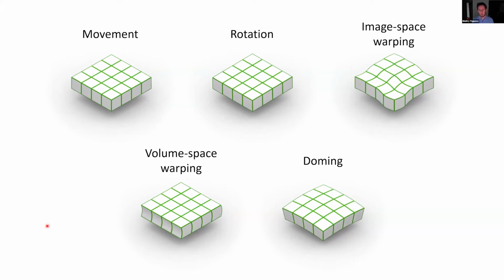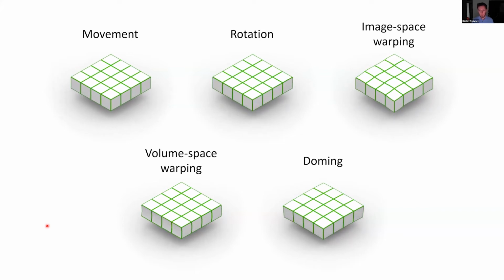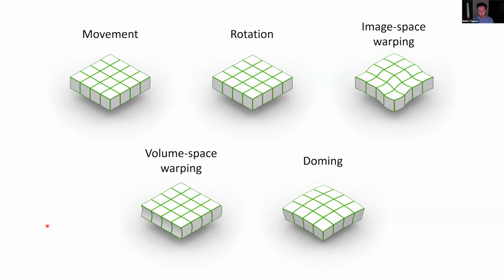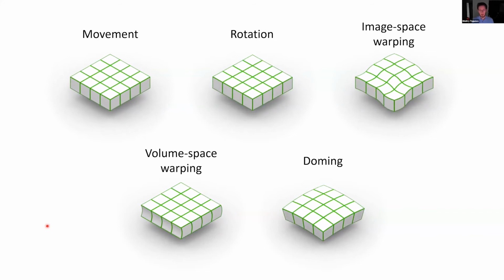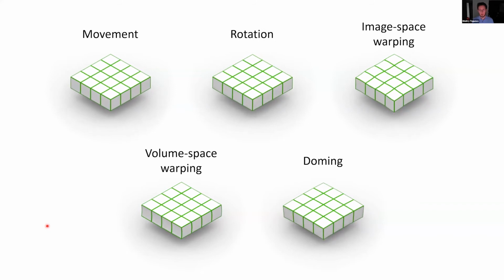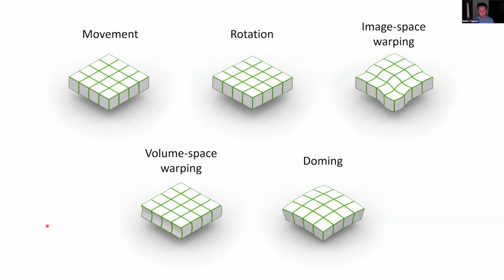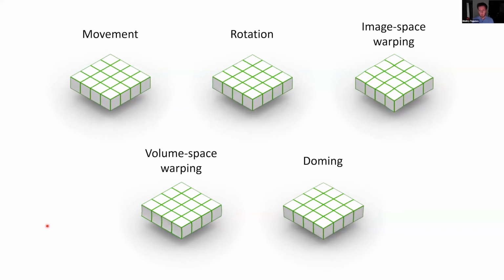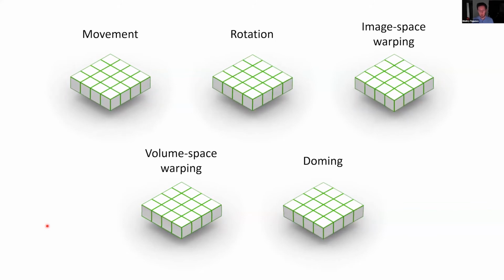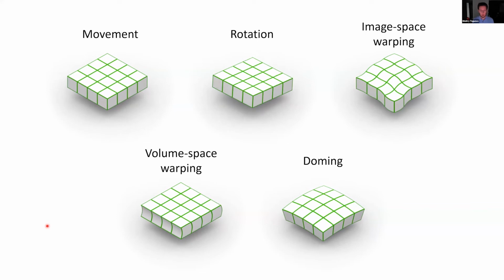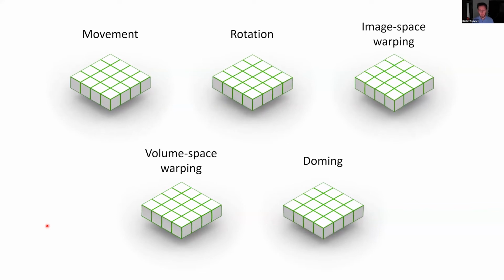Because of beam-induced motion, we have image space warping. If we have a fairly thick volume, then this image space warping could also be distinguished from volume space warping, where basically multiple layers of particles shift relatively to each other in the sample plane.